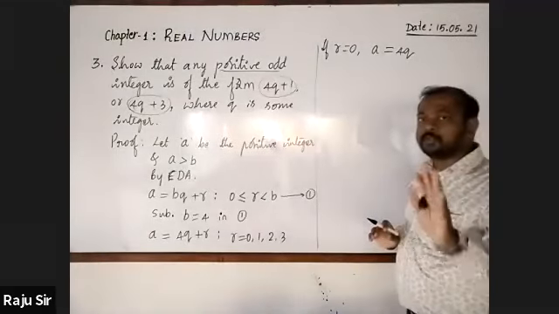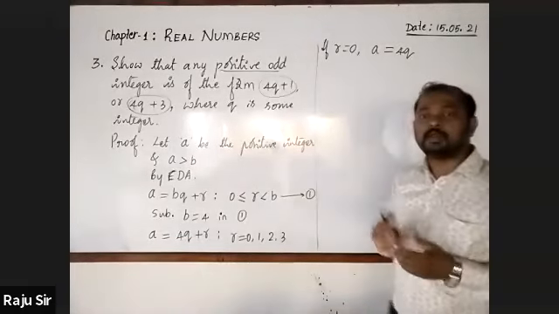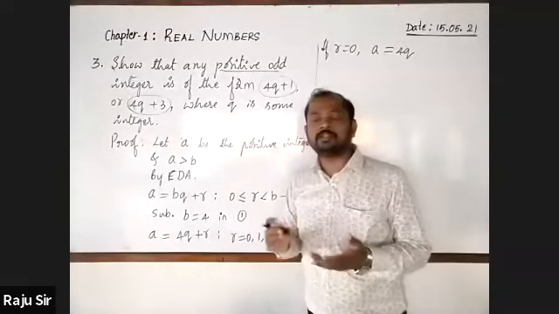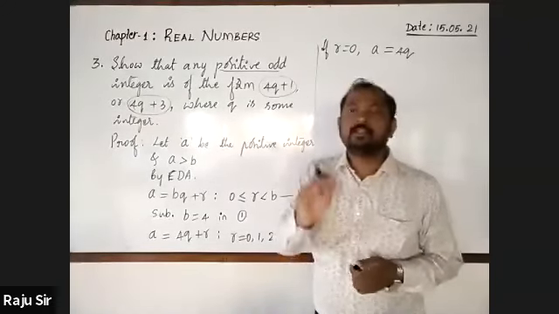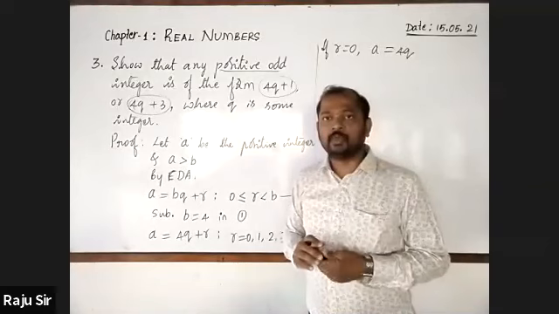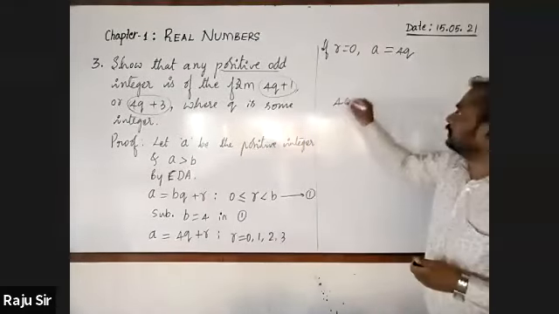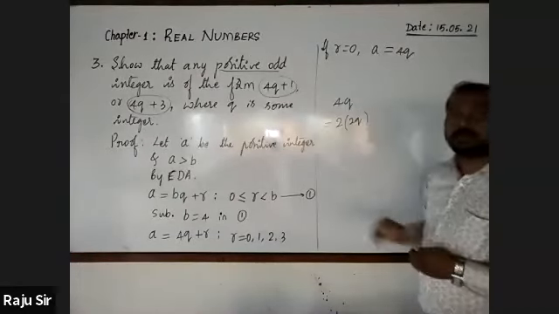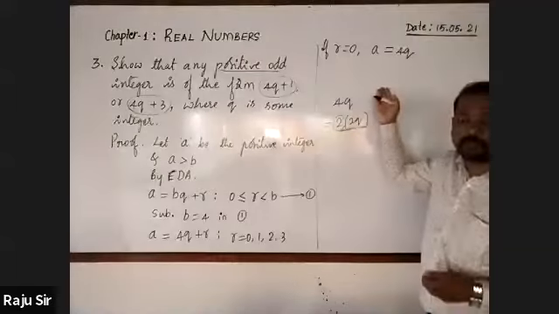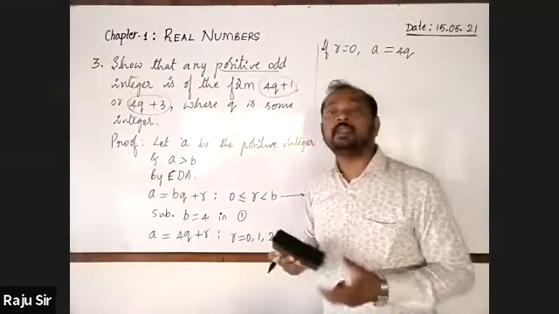Please stop writing and observe the point. Is 4q an even integer? Of course, it is an even integer. The reason is it is divisible by 2, or it is also a multiple of 2. Just look, 4q can also be written as 2 into 2q. It is a multiple of 2, hence it is divisible by 2. If it is divisible by 2, then it is called an even number.